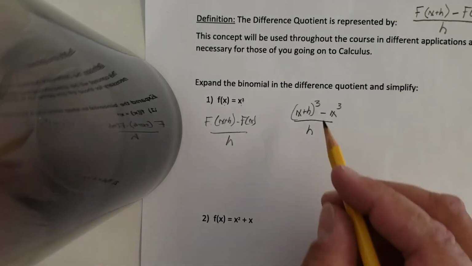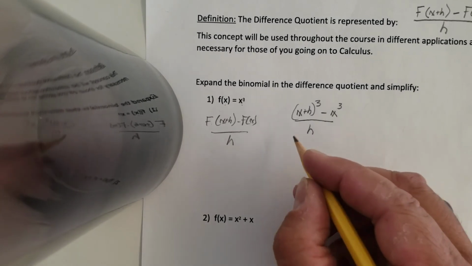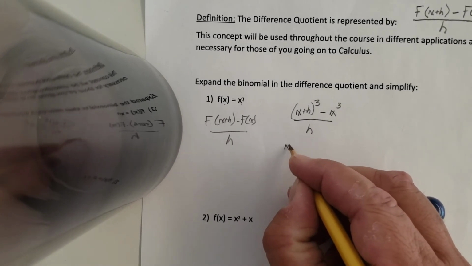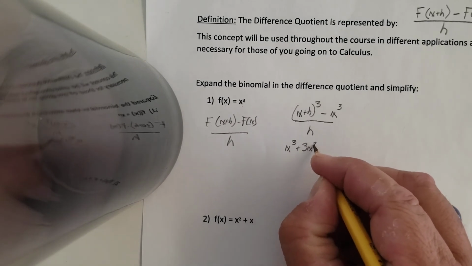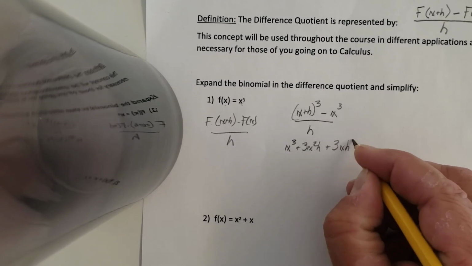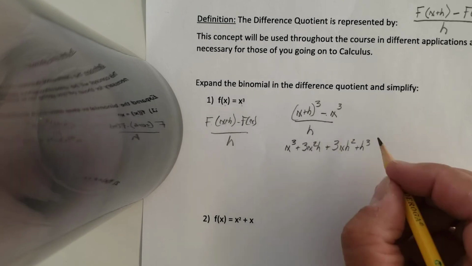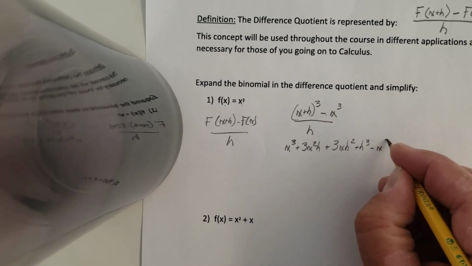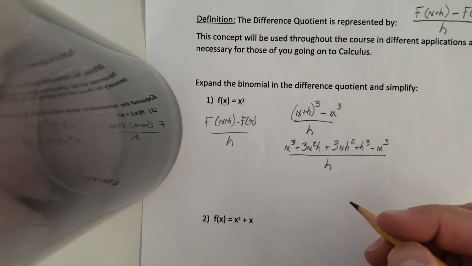And when you go through and you expand this, okay, it's actually similar to what we did on the first page. You're going to have x to the third plus 3x squared h plus 3x h squared plus h to the third, and then minus x to the third. All of that over h.